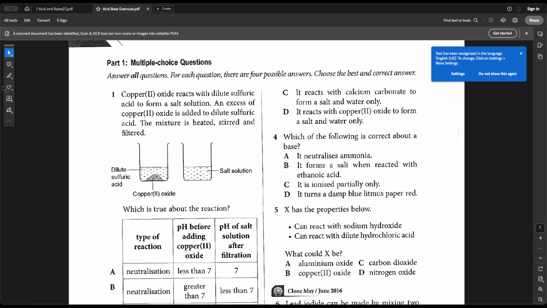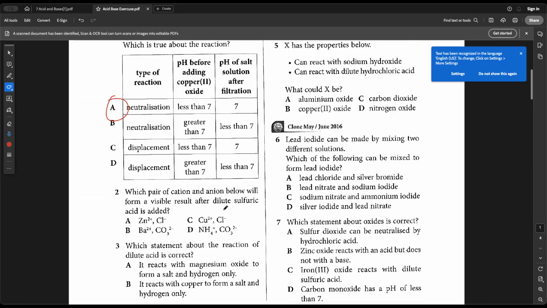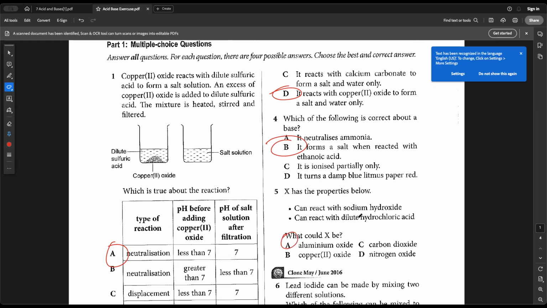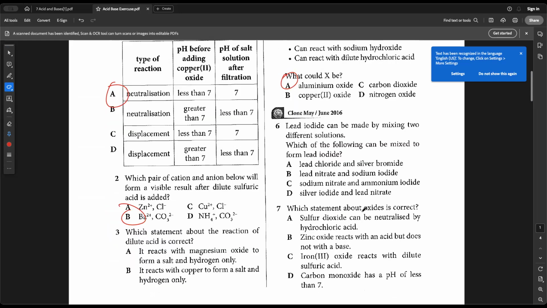Question number 1, you're supposed to get A. Question number 2, you're supposed to get B. Question number 3, you're supposed to get D. Question number 4, you're supposed to get B. Question number 5, you're supposed to get A. Question number 6, you're supposed to get B, C.